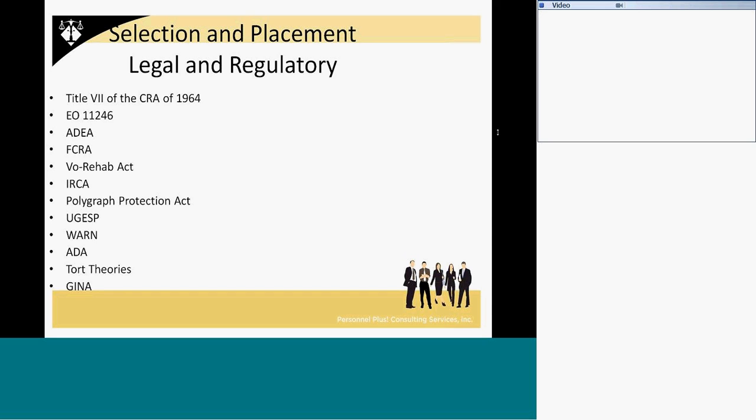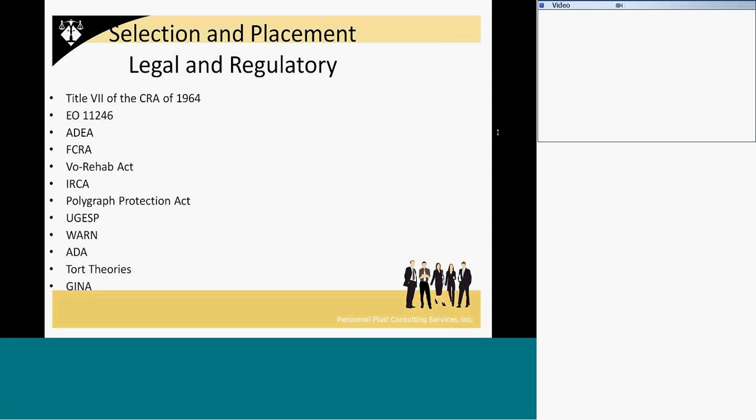The next is something called the Fair Credit Reporting Act. And the Fair Credit Reporting Act gets involved when employers go to information aggregators, what are otherwise known as credit reporting agencies.